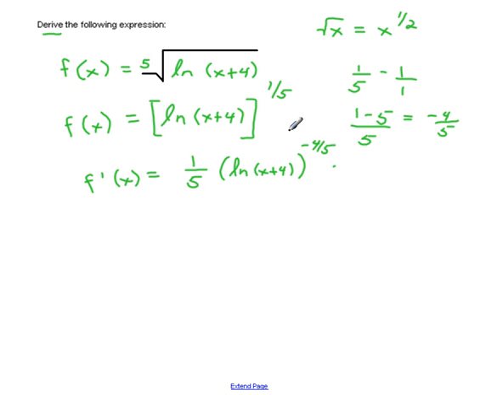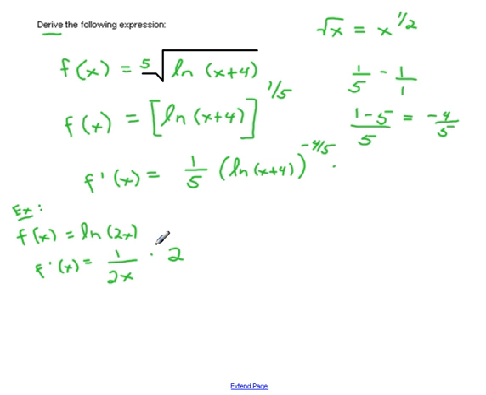Now remember, the chain rule says I have to multiply by the derivative of the inside. Well, let's go back for a second because we have a ln here. So as an example, remember, write this down, guys, it's a little example. If I give f of x equals ln of 2x and ask you to derive this, how would you do that? Well, the derivative of the ln is nothing more than 1 over the expression, meaning what's inside, multiplied by the derivative of the inside, which is 2.